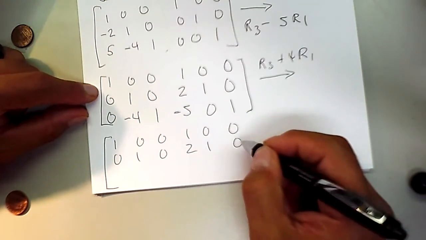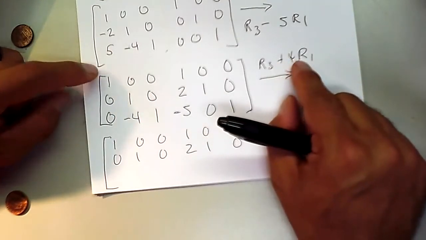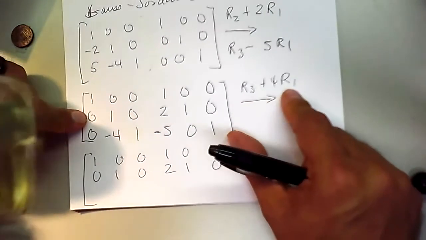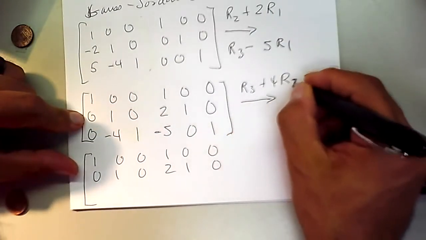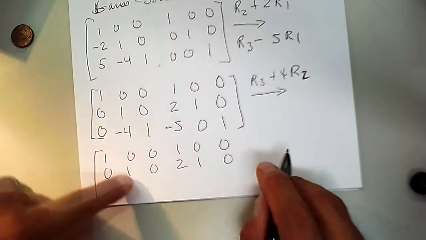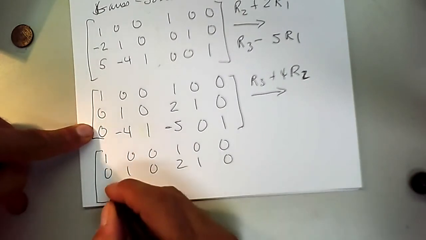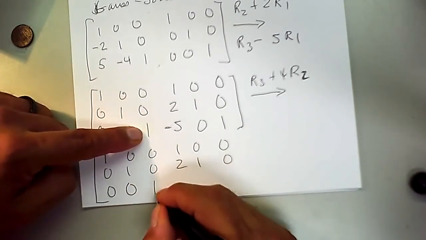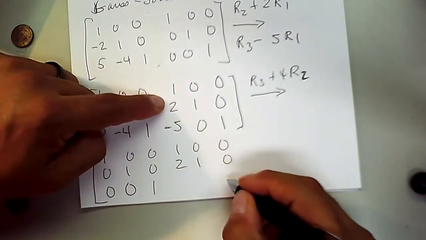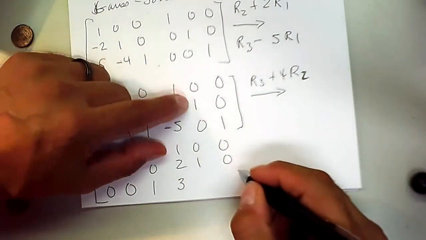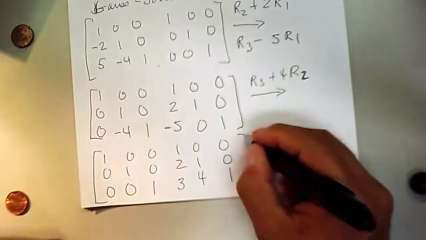And now we're going to add 4 of those onto this. No, I'm sorry. Did I put row 1? I meant row 2. Yeah, because otherwise we're going to mess this 0 up, and we want to end up with an identity here. So 4 of those here, nothing. 4 of those there, 0. 4 of those there, 1. 4 of those here, 3. 4 of those here, 4 and 1.